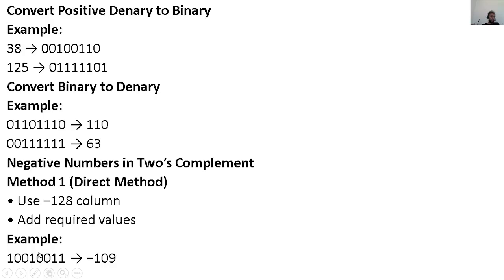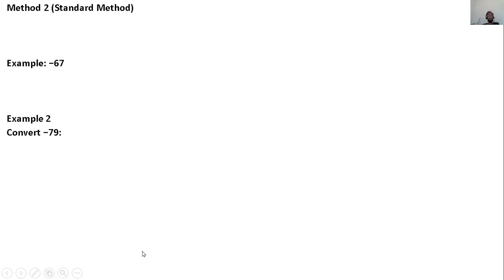Double the 4 becomes 8, and then we have 16. 16 plus 3 is 19, and then 32 and 64. The values above zeros are not added, and for the leftmost bit we use minus 128. Minus 128 plus 16 plus 2 plus 1, that is minus 128 plus 19, gives us the answer minus 109. This is how the 2's complement represents that number.